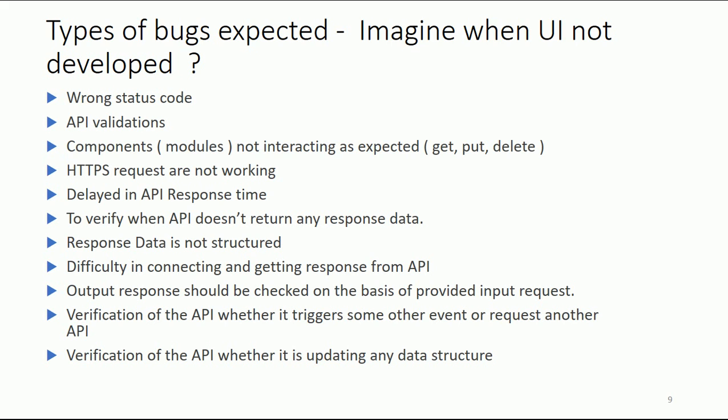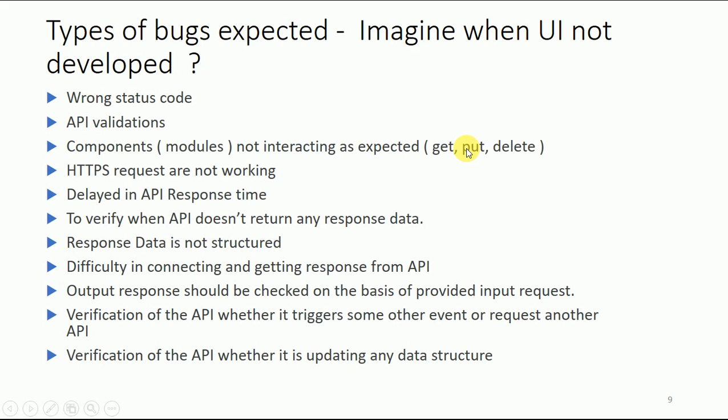In this slide I will give you examples of what kind of bugs you can also get when you're doing UI testing. For example, component modules are not interacting as expected. That means they are not doing the get, put and delete operations.